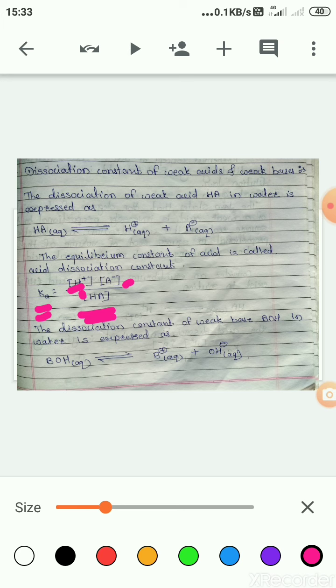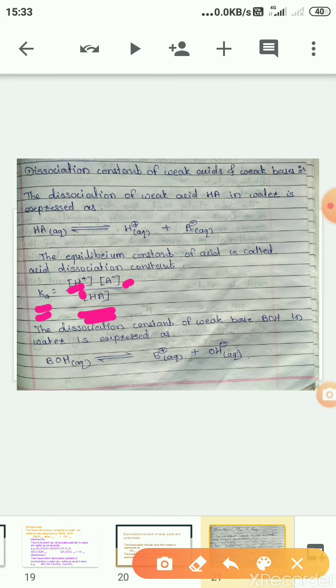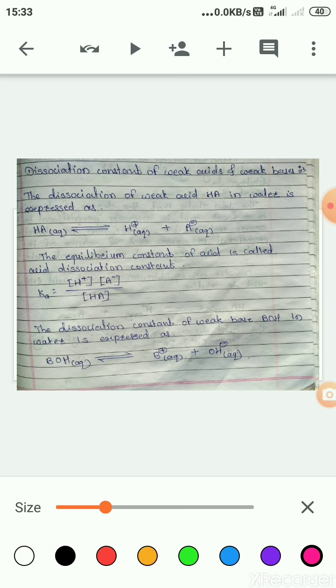Now the same concept for the base dissociation constant. Here the reaction is for a weak base, denoted by BOH, which at equilibrium produces B plus and OH minus ions in aqueous solution.